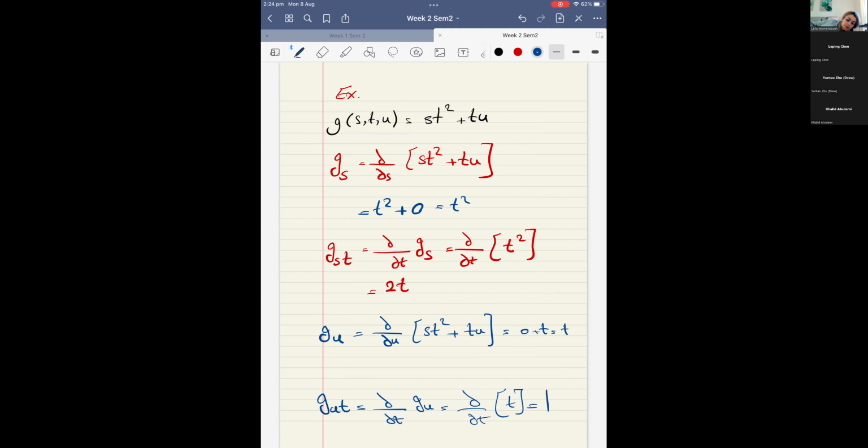I think it's enough for today. I showed you the function of several variables and how to check how it looks, and you have a contour plot. For the contour plot the best way is to use software, and each contour level looks like a surface level, as if you are looking from above.